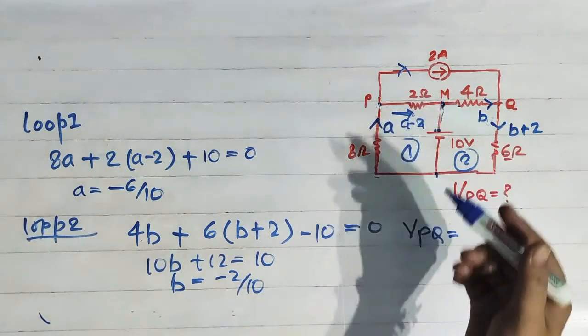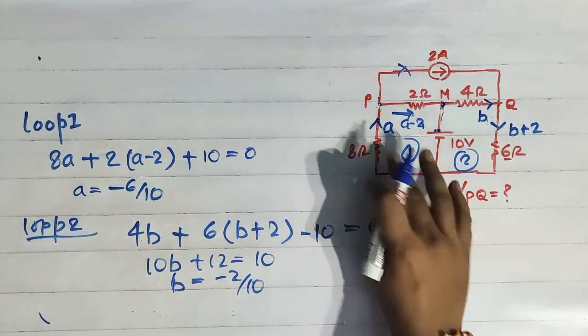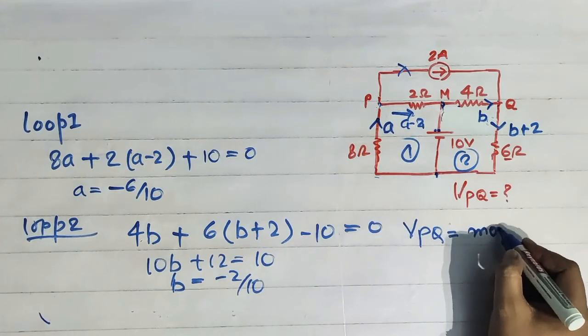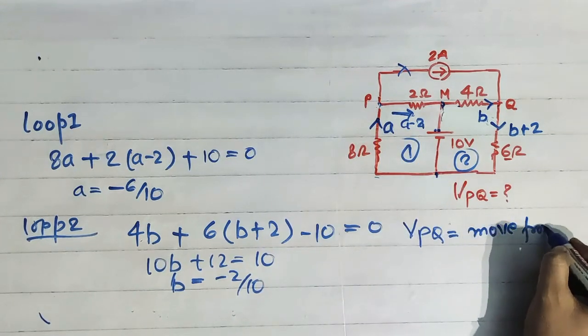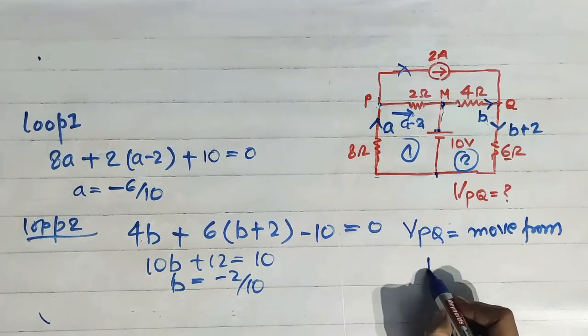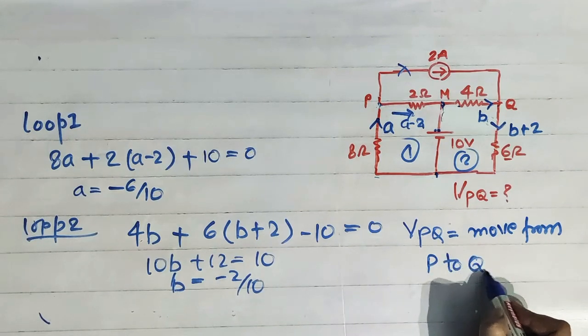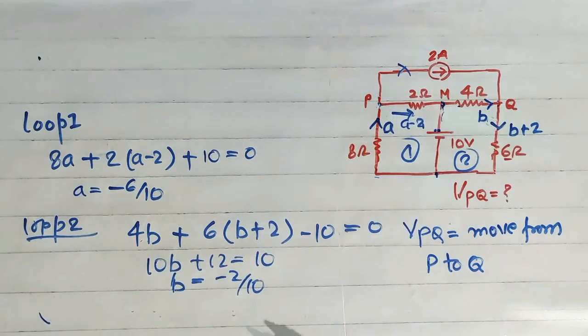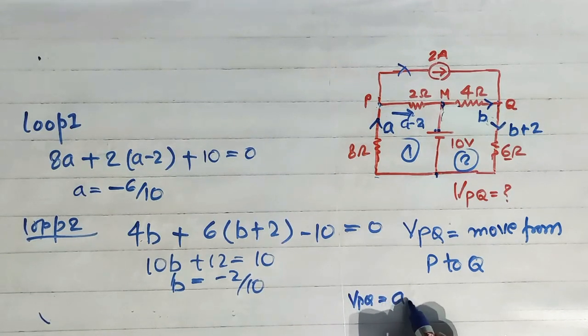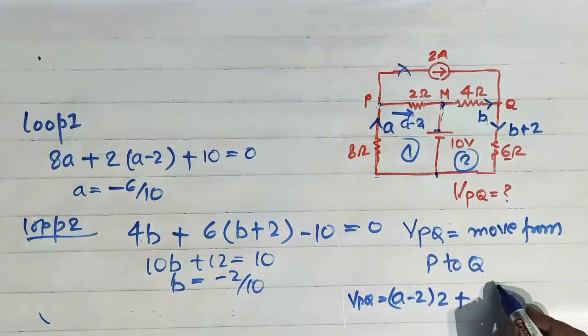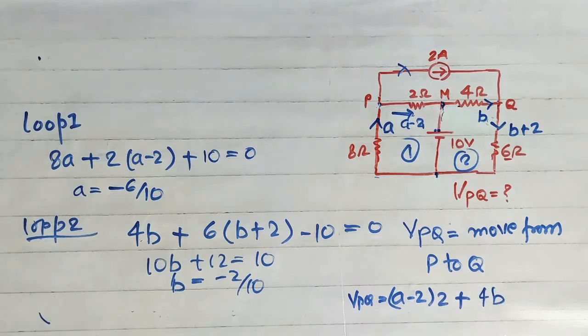So moving from P to Q, we get VPQ equals (A minus 2) into 2 plus 4 into B. What is A?